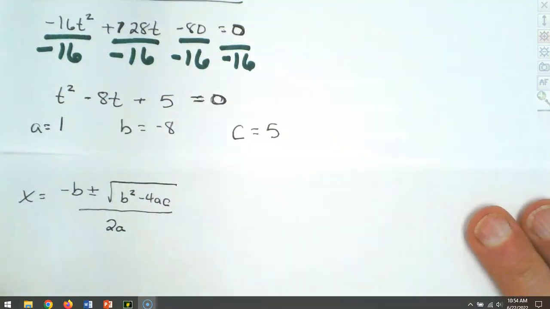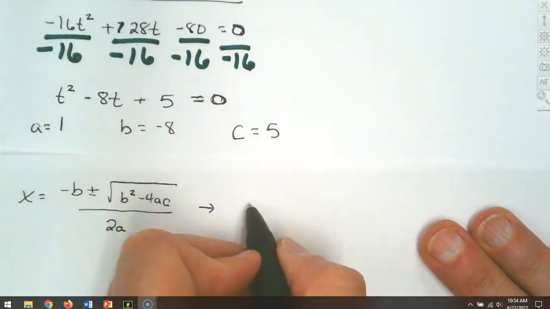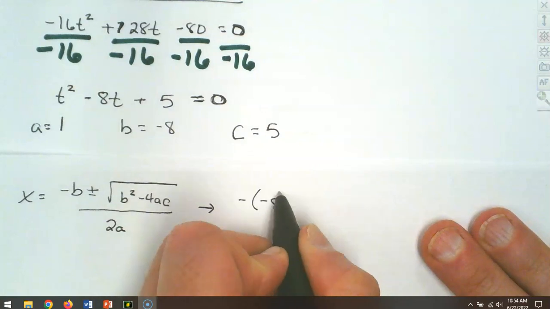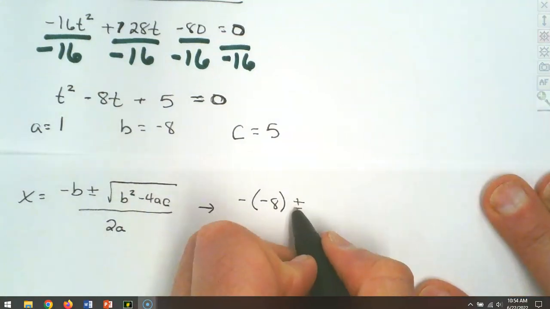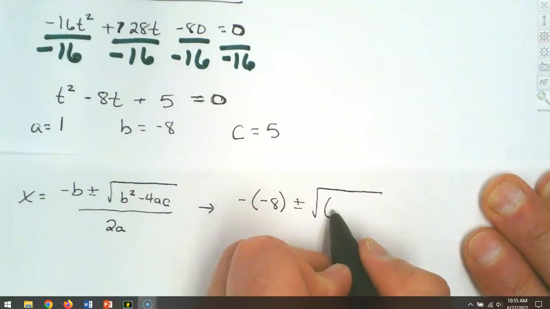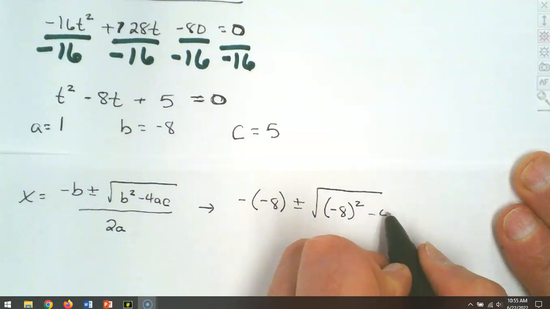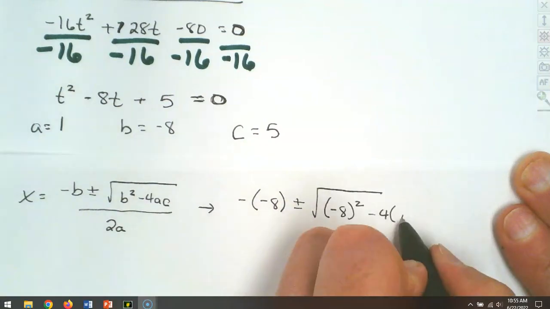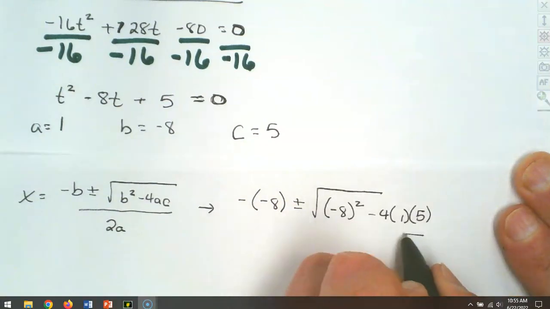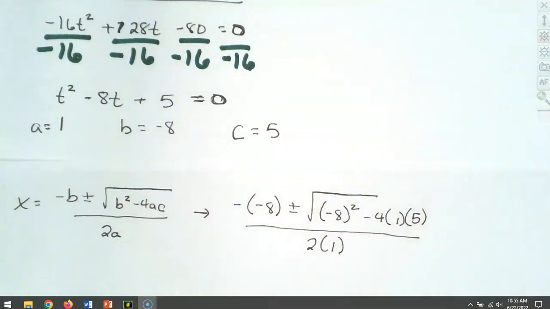We're going to plug our pieces in. So that's a negative of a negative 8 plus or minus the square root then of negative 8 squared minus 4 times 1 times 5, all over 2 times 1.